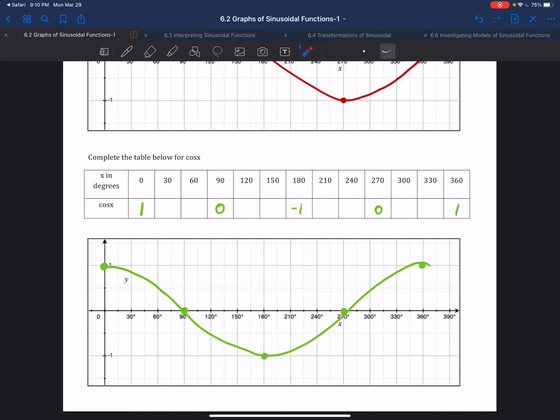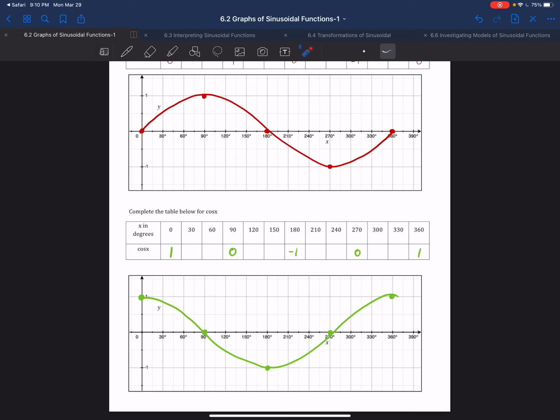So these are called sinusoidal functions because if I were to take this graph here and plot it, you can see that it looks pretty much the same. It's just shifted over. So if I shift this 90 degrees to the left, you see that it matches up exactly.